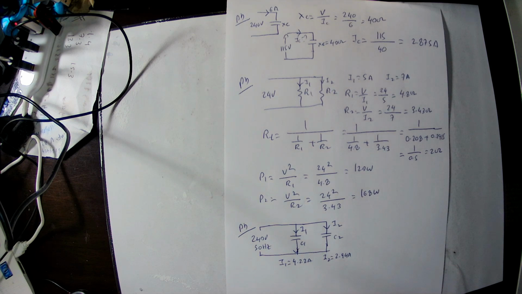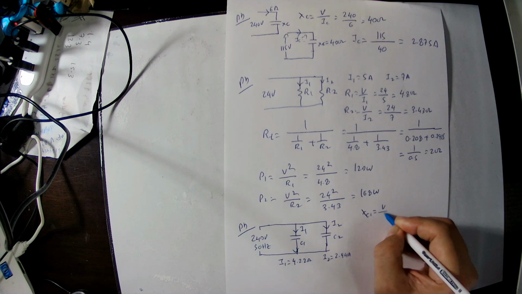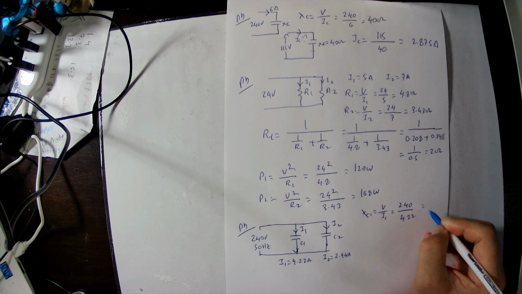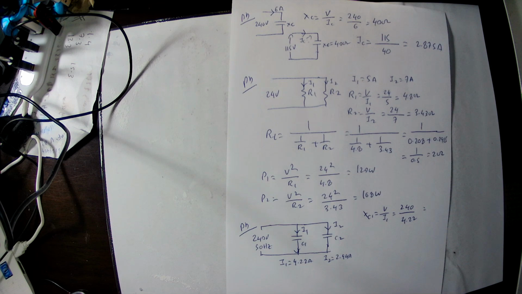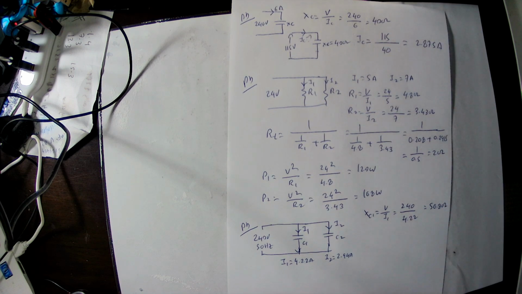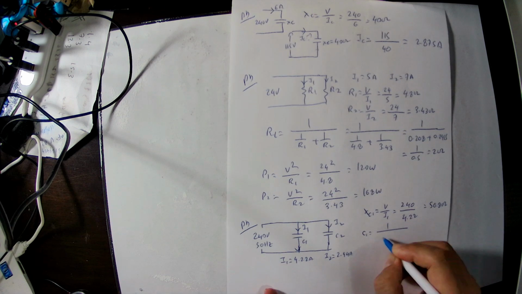So we have to calculate the capacitive reactance. Xc1 is V by I1. Voltage 240, I1 is 4.22. So 240 divided by 4.22, you get 56.8 ohm. Then we calculate the capacitance value. C1 equal to 1 divided by 2 pi f Xc1.